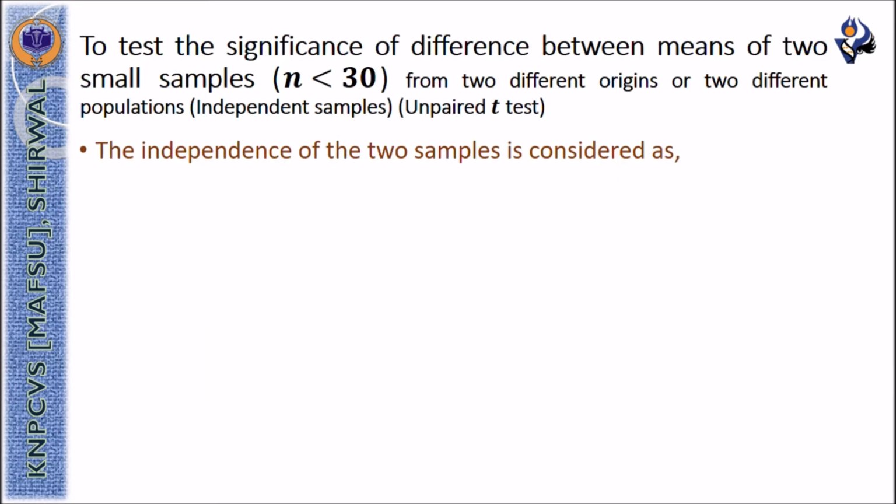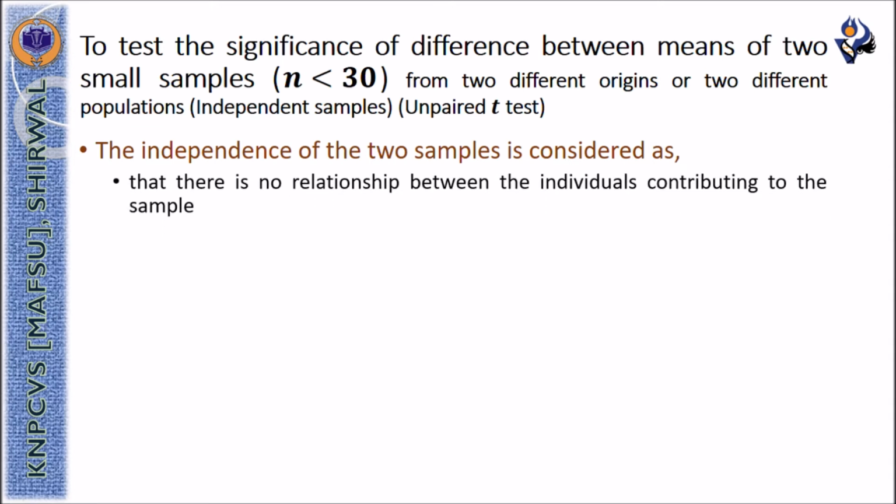T-test is also used to test the significance of difference between the means of two small samples which are having different origins, or we can say that the two populations are independent. The independence of the two samples is considered when there is no relationship between the individuals contributing to the sample.